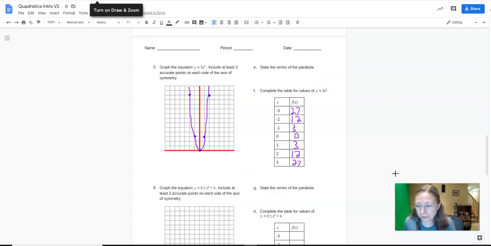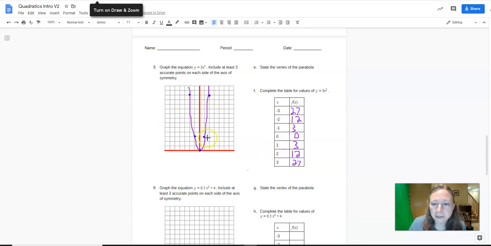Okay, on the next one, you'll notice that this one took on a really different shape. When you do 3 times x squared, it made those numbers explode and get big really quickly. In fact, I couldn't even graph the x equals -3 and x equals +3 on my grid because I ran out of room. So I was able to fit all of the points in the domain from -2 to +2 on my graph.